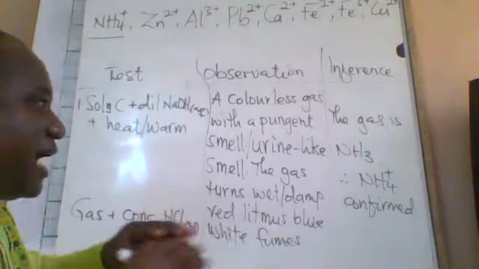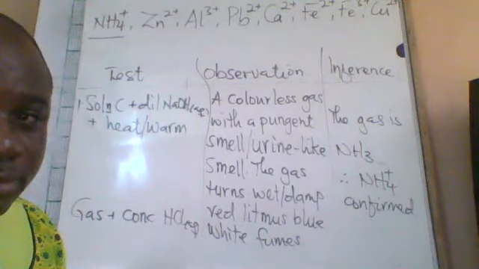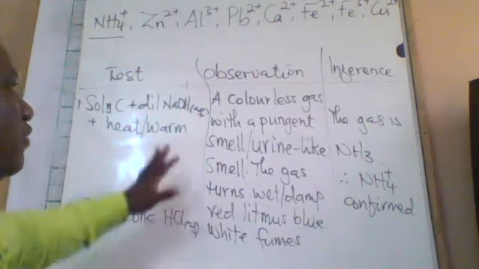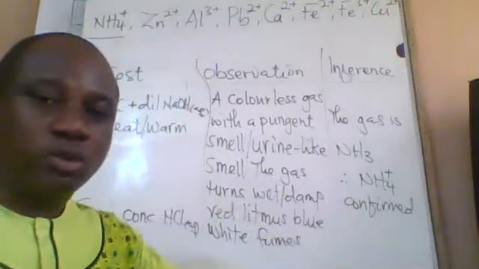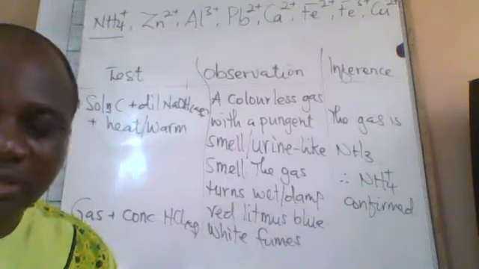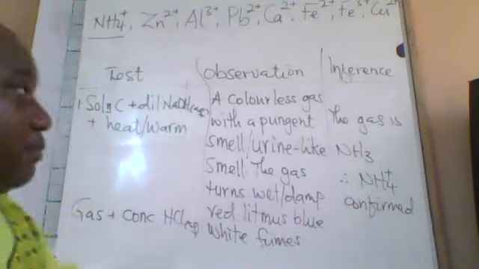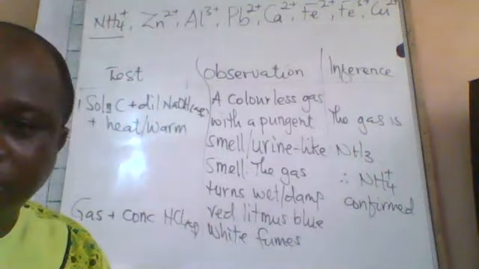So if you don't have an idea about a thing, then you don't know what you are going to write there. So sometimes they'll give you the test, the observation, and then the inference will not be there. Based on the test and the observation, you should be able to provide the inference.